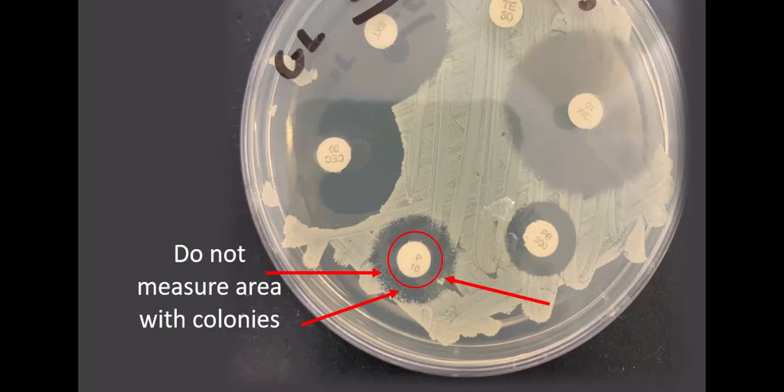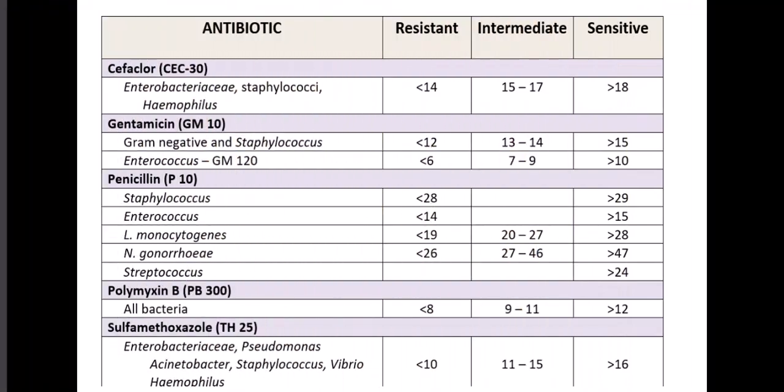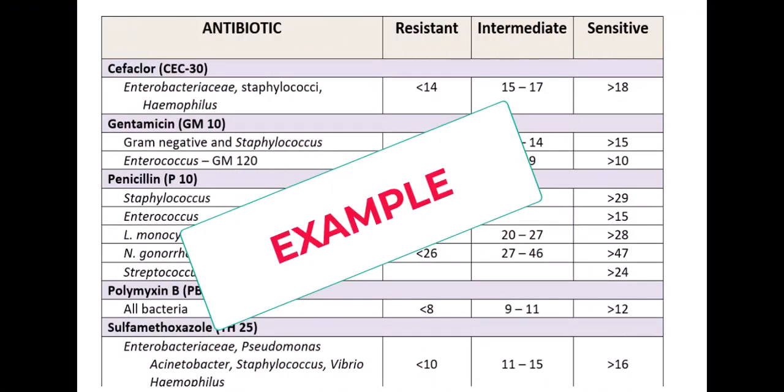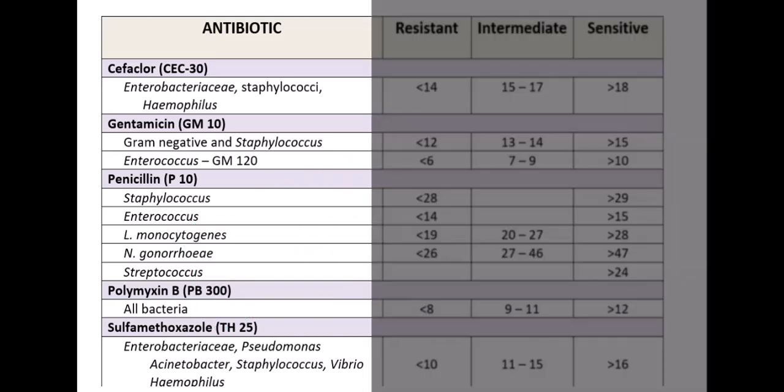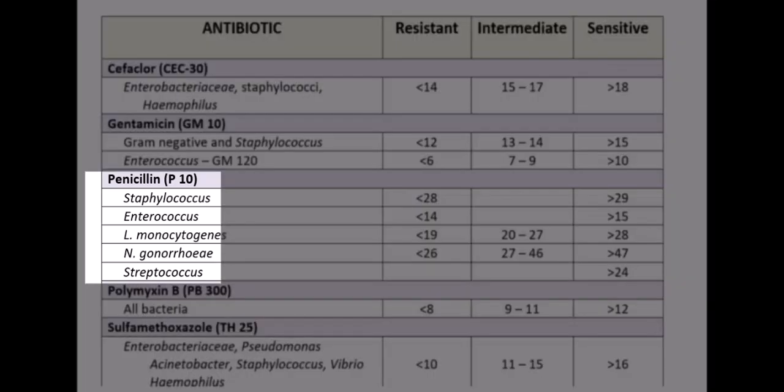Once all the zones have been measured, you will need to interpret the results using the current guidelines established by the Clinical Laboratory Standards Institute. Using their chart, find the antibiotic you tested for and the bacterial group.